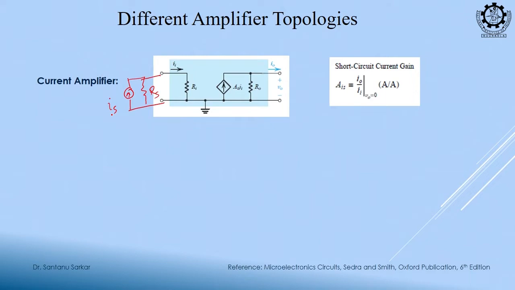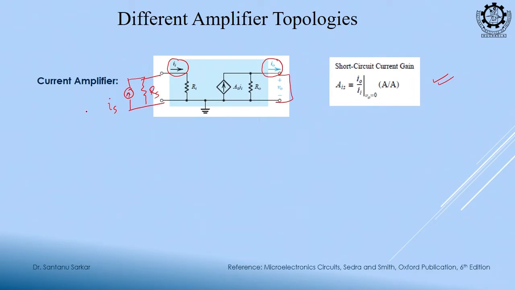So, if I want to talk about the current gain, this internal circuit is having a current of Ii and output current Io. So, this is my internal short circuit current gain. If we short this, only this current will flow, Io by Ii.